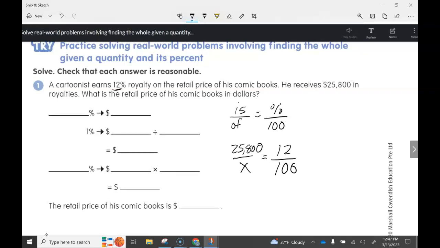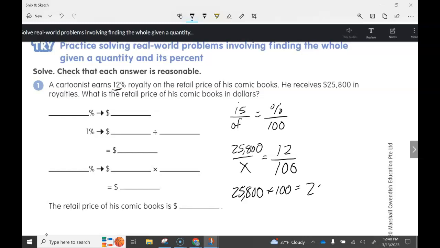So what we do now is we cross multiply and then we'll divide. So we take that 25,800. So again, it's all about setting this up correctly. It's the is over the of equals a percent over 100. Multiply that by 100.